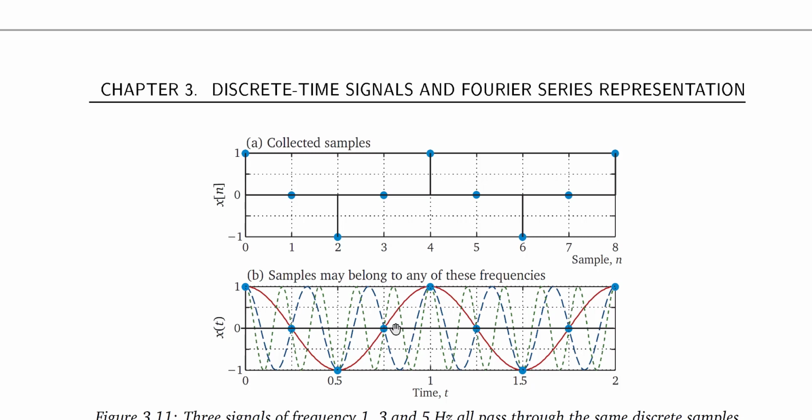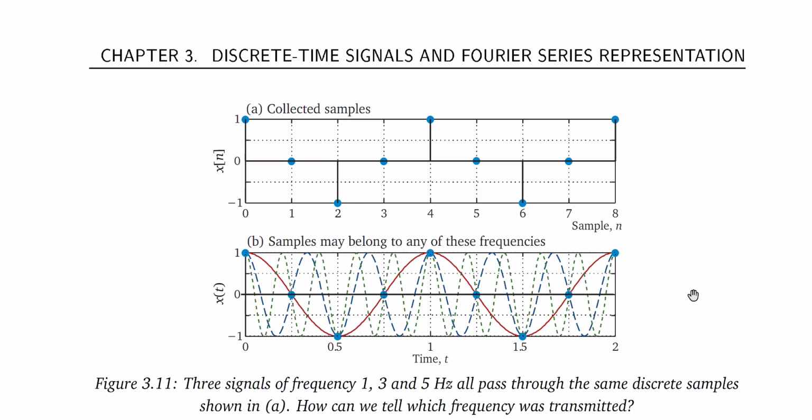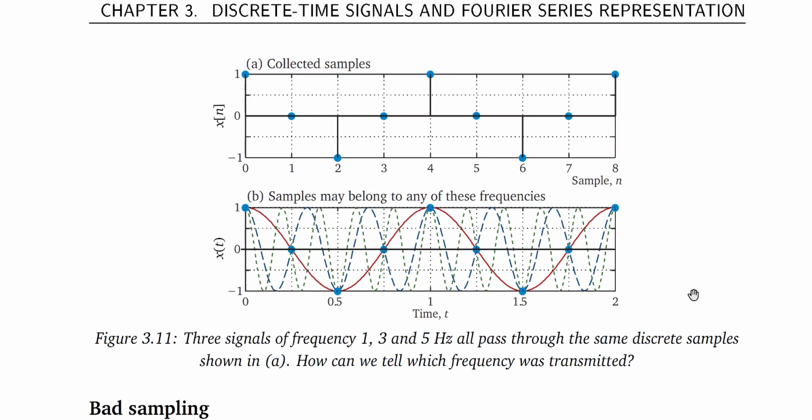The question is which signal, which frequency did they actually come from? This is a quandary of discrete signals, that when given samples we have really no way of knowing which actual signal they came from. I only show here 3 or 4, but in fact there's an infinite number of waveforms that can fit these samples.